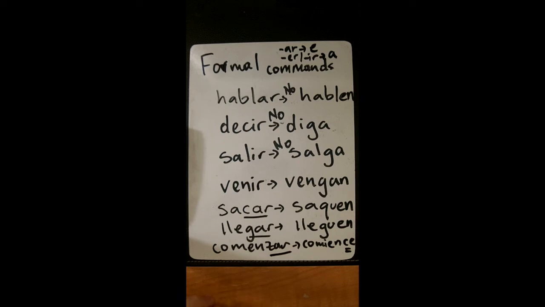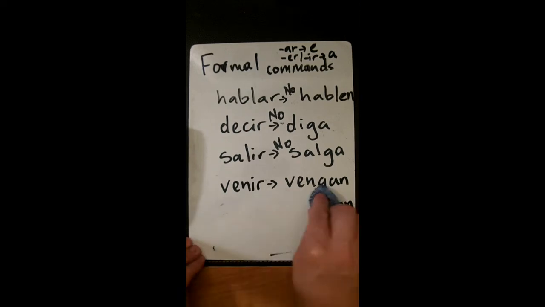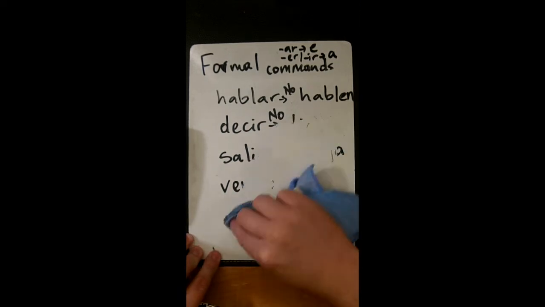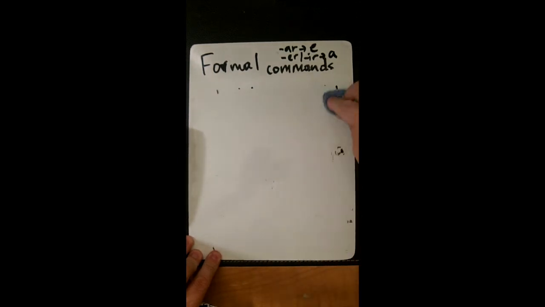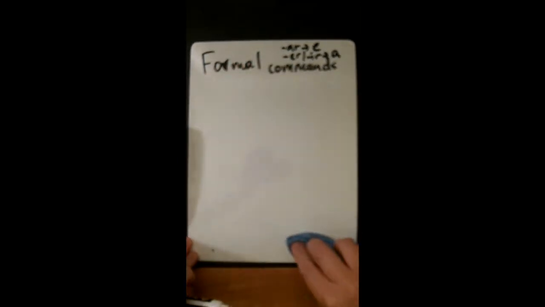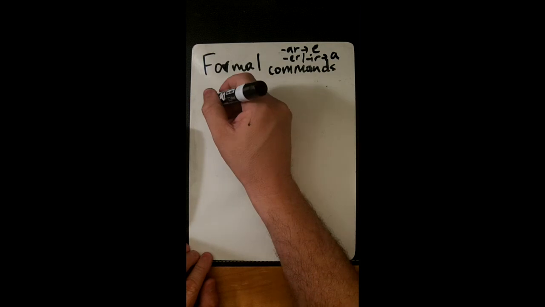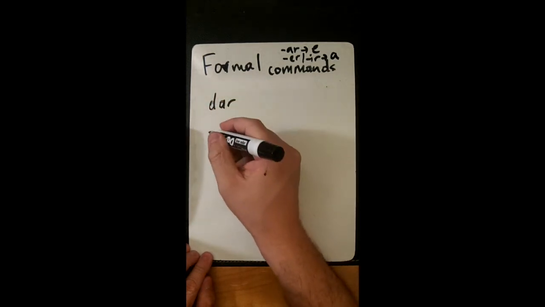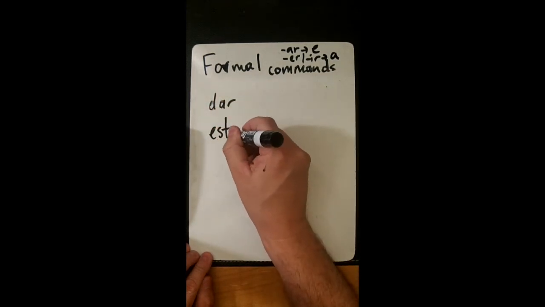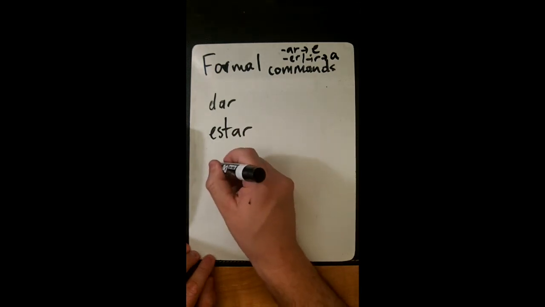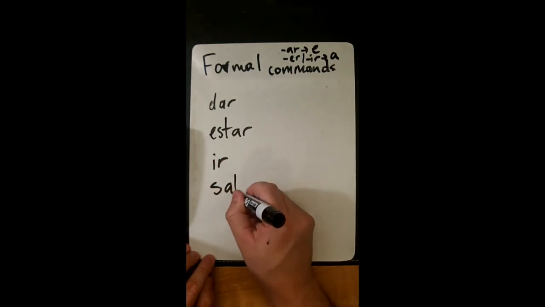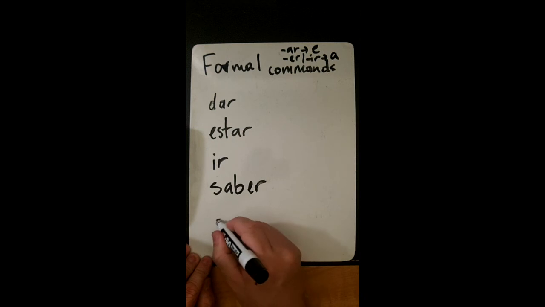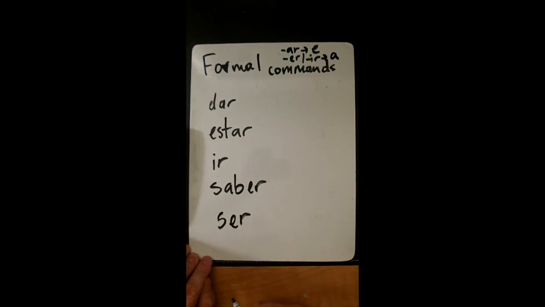Muy bien. Now, for these commands, we have a list of irregulars. Okay? And the list of irregulars are dar, estar, ir, saber, ser.